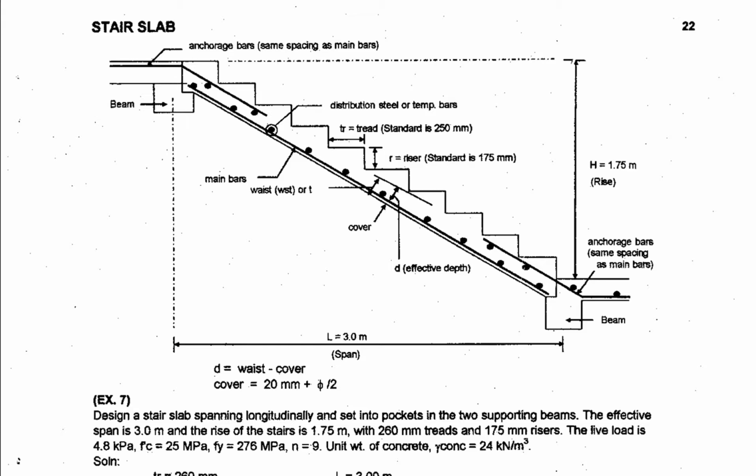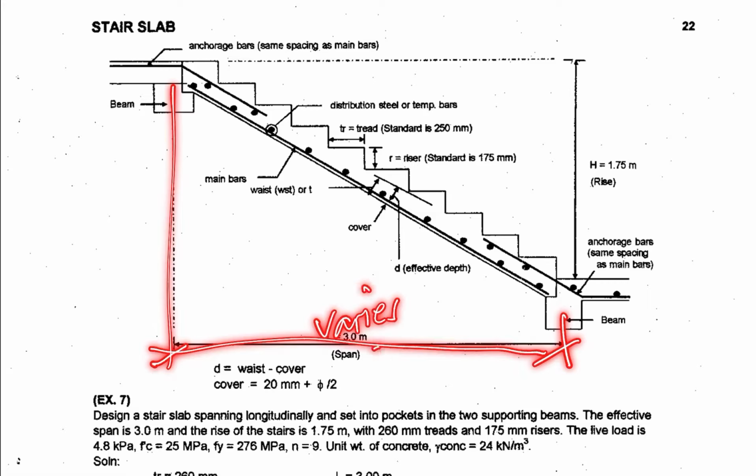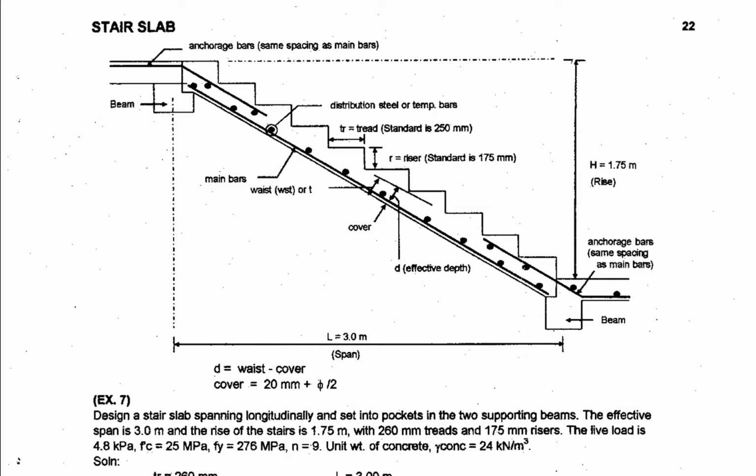So maybe that's the riser. But for the standard, you have 175 millimeter. And then this length, so it depends on the design of your stairs. So it may vary in several designs.